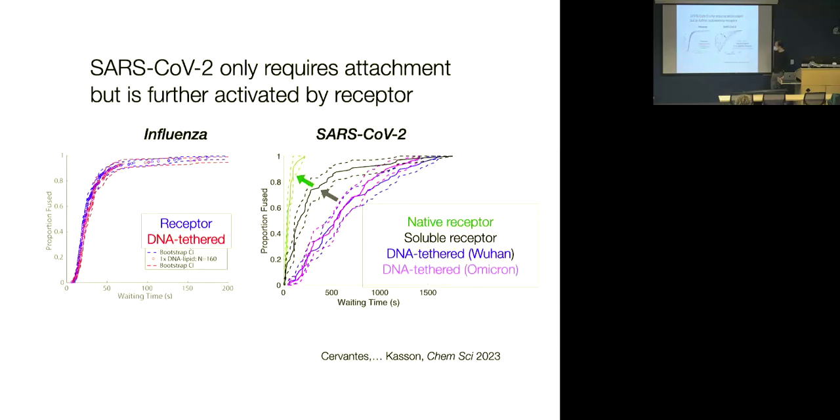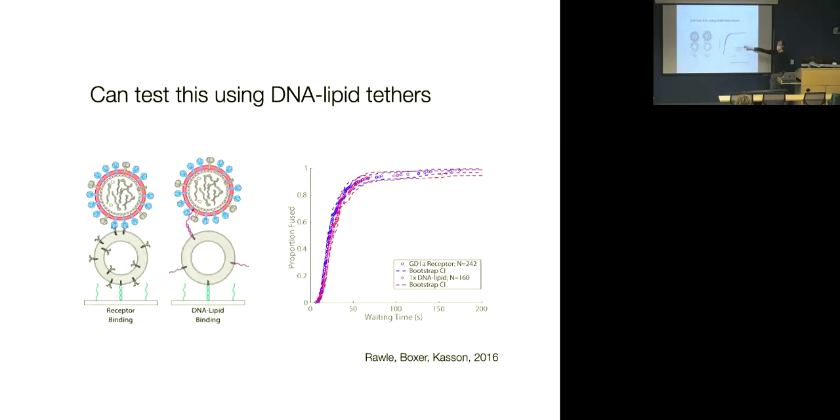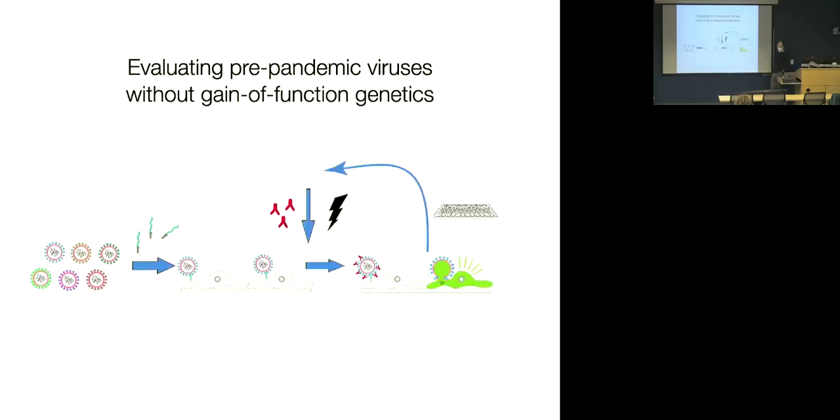The other thing, going back to this technology, and one of the things we're really interested in doing going forward, is to use this to evaluate pre-pandemic viruses and their fusion to and infection of mammalian and human cells without having to consider gain-of-function genetic manipulation.